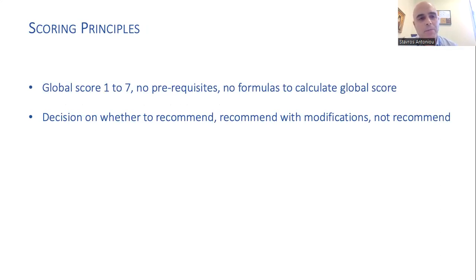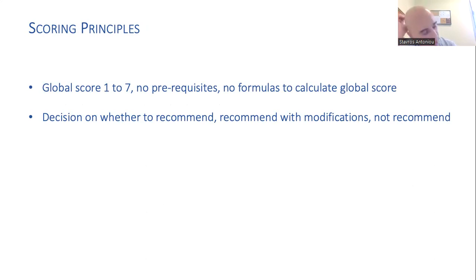The scoring principles are the same as we've agreed to. There's a global score from 1 to 7. There are no prerequisites of a minimum score in specific domains, and no formulas are recommended to calculate the global score.